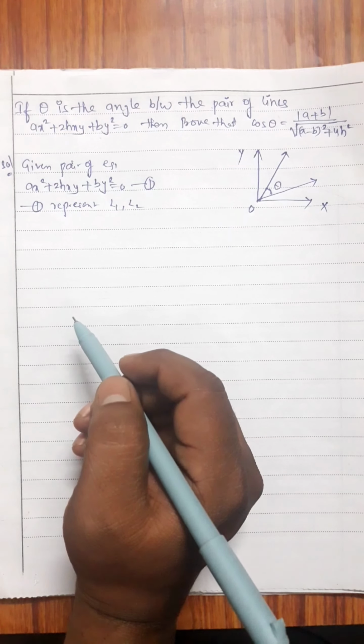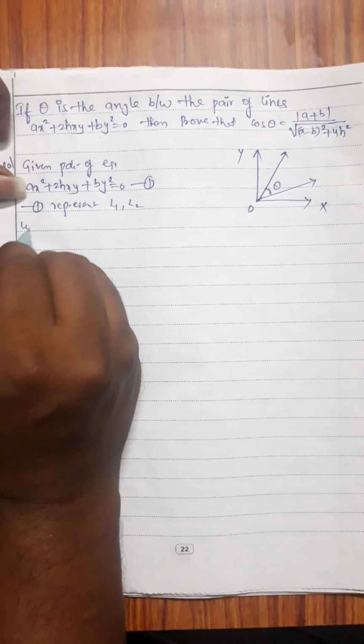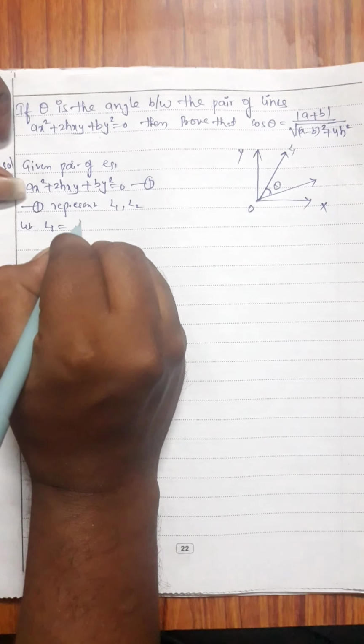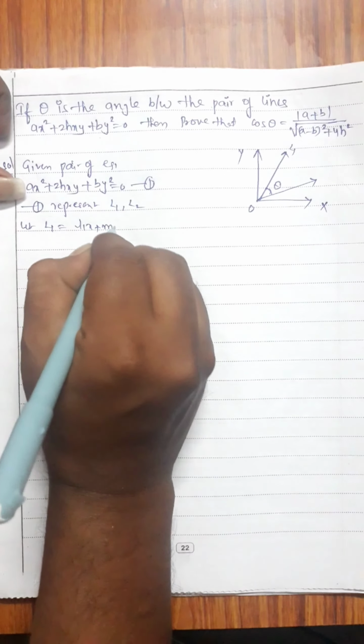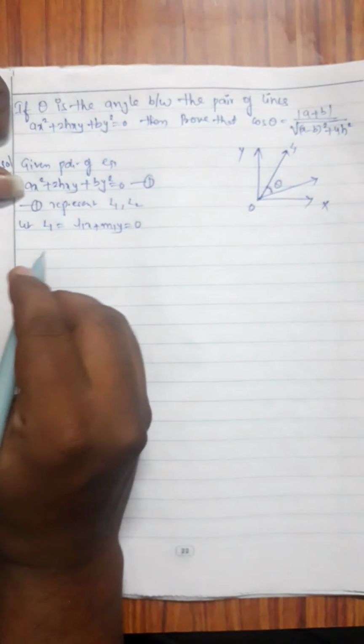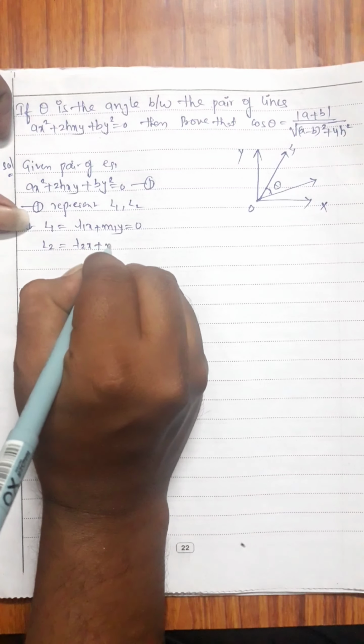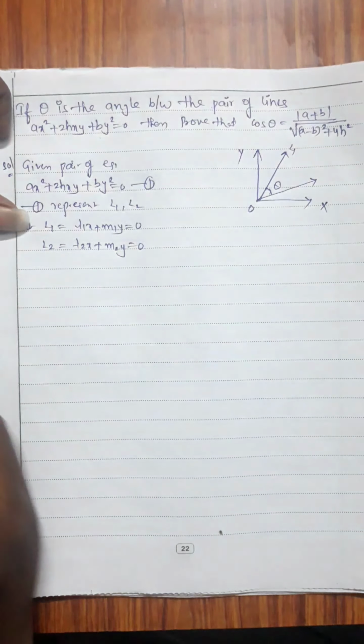So now let's take the equations L1: l1x plus m1y is equal to 0, and L2: l2x plus m2y is equal to 0.